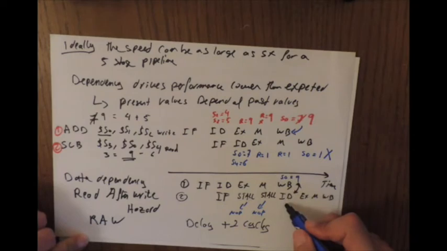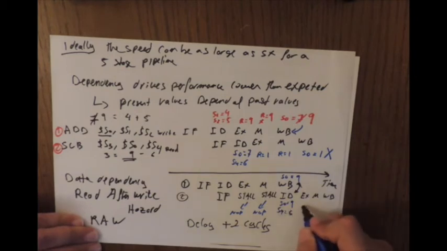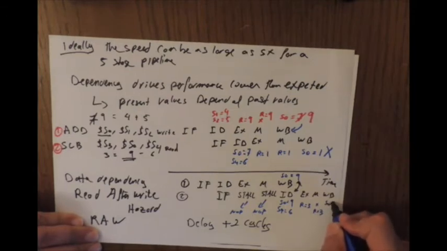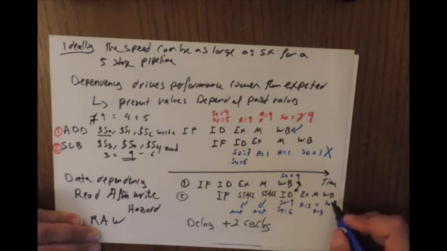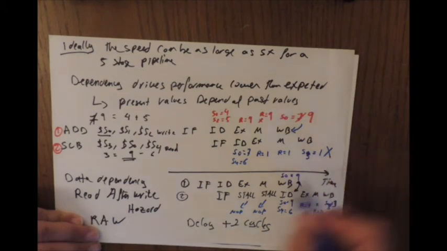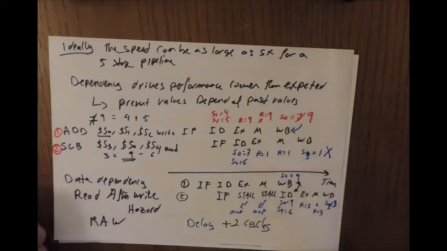So in ID, I'm going to read S0 to be 9 and S4 to be 6. I'm going to say the result is 3. Here I'm going to continue with the result of 3, and here say S3 is equal to 3. I made a small mistake, this is S3, the value of this register. So here the delay was an additional 2 cycles.